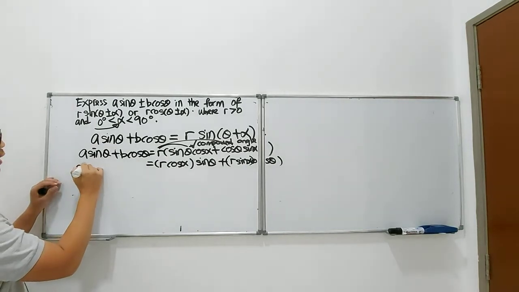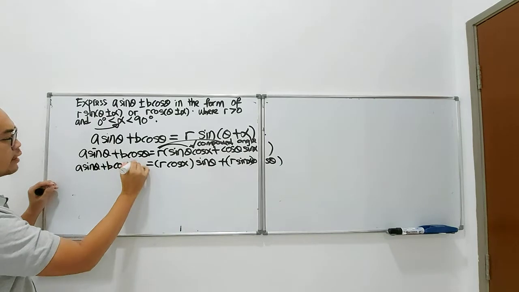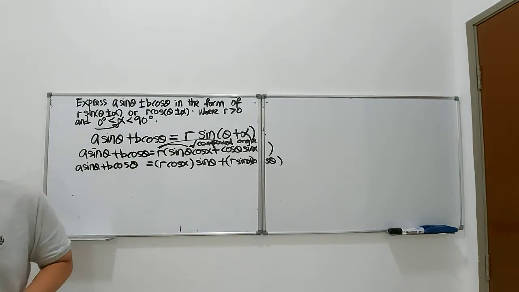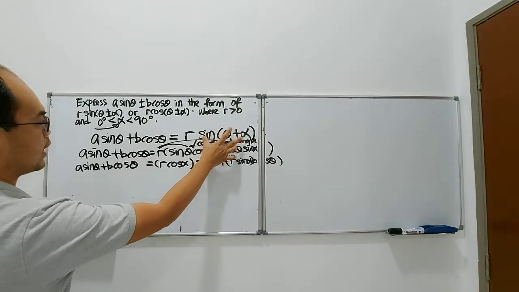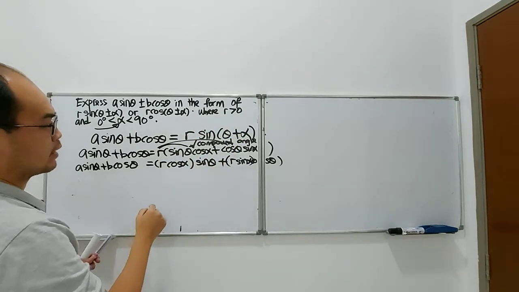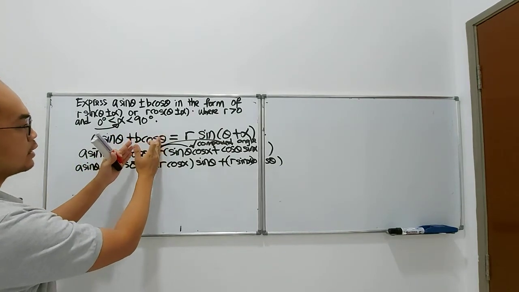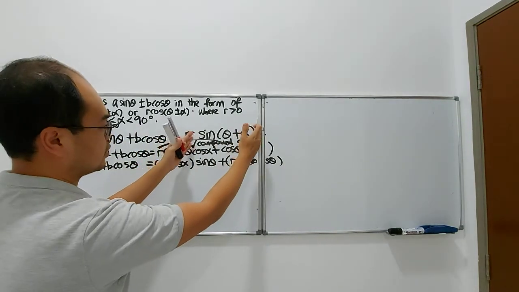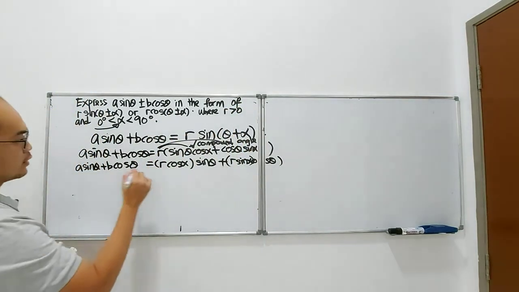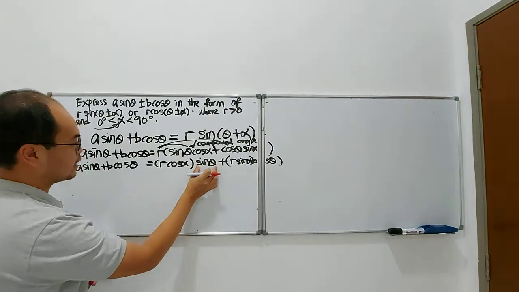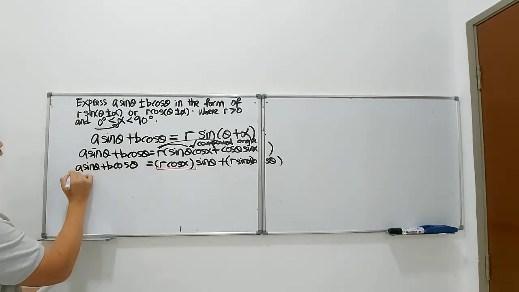So if you see here, a sine theta plus b cos theta, you can compare. How does this help you get the constants r and alpha? In front of sine theta here is r cos alpha, and in front of sine theta here is a.